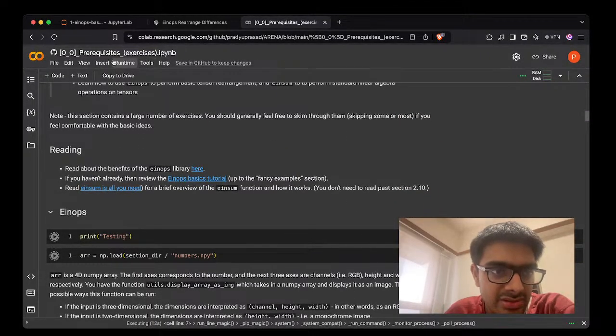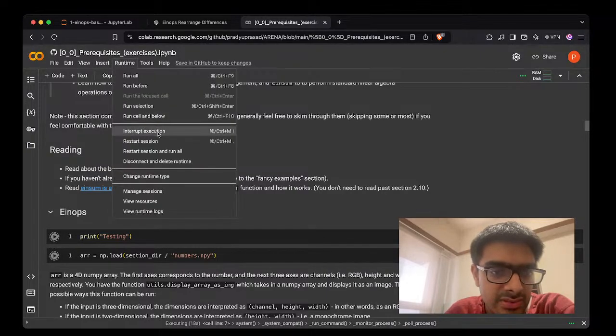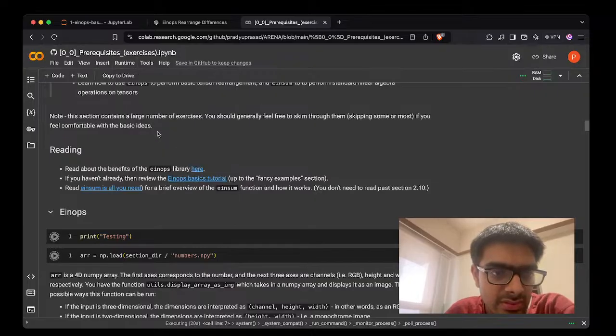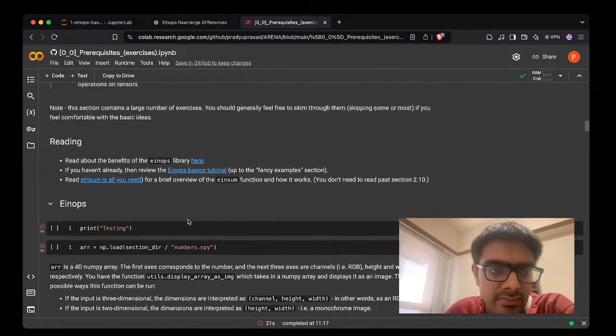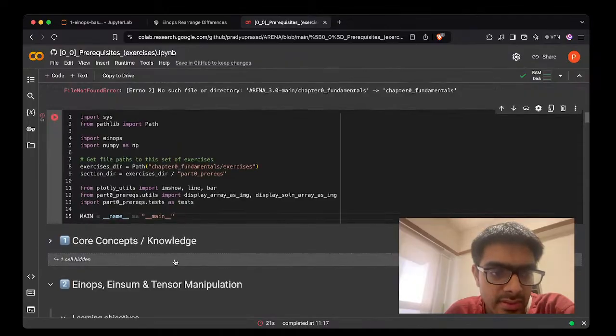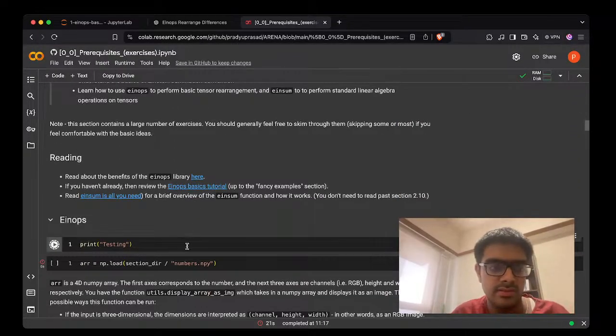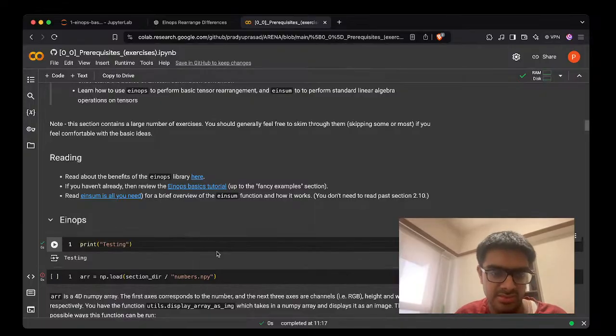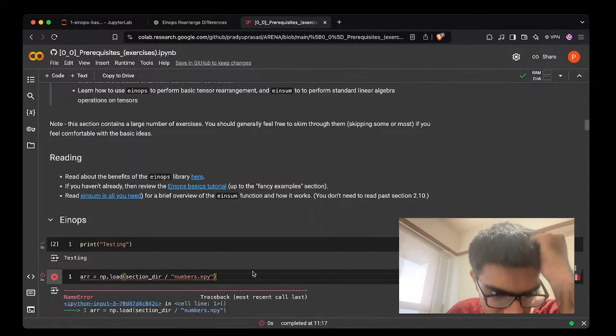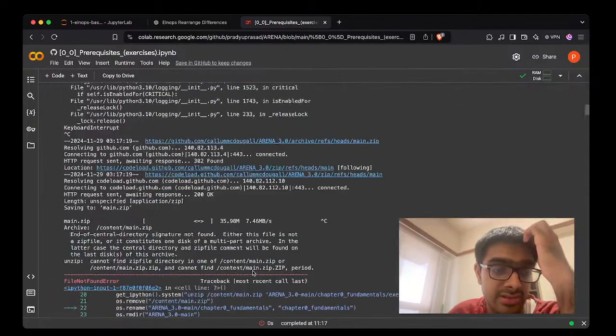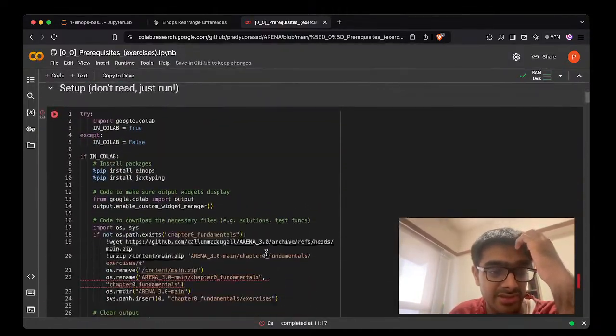I think I should just run the runtime. Print testing. np.load. Yeah, that's something. Import issues? Probably said that.